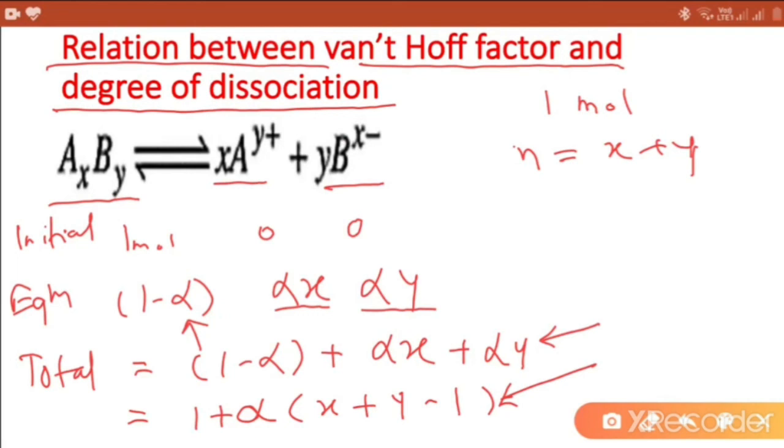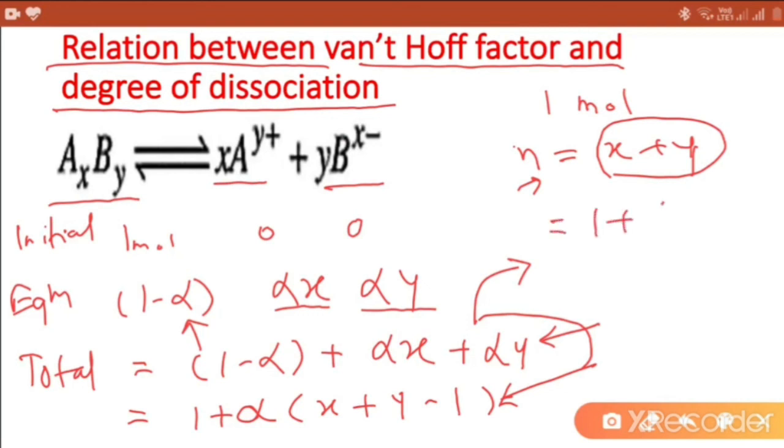So by putting x plus y as n, this equation becomes 1 plus alpha into n minus 1. Total moles after dissociation is equal to 1 plus alpha in bracket n minus 1.